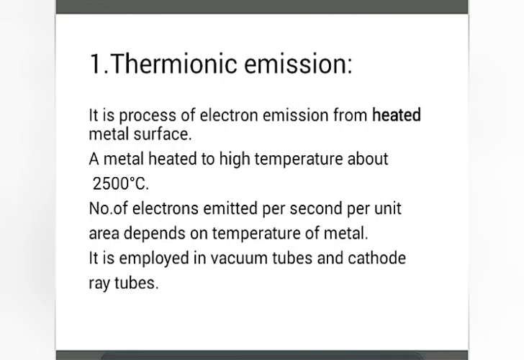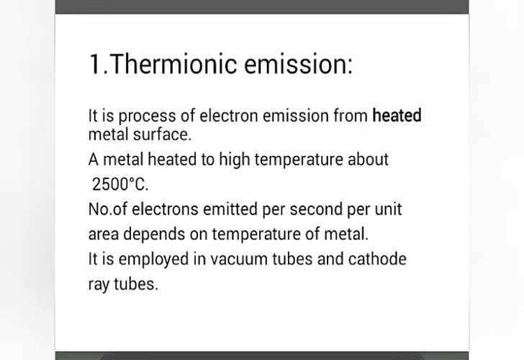Here the electrons emitted in this process are called thermions, and here a metal is heated to a sufficiently high temperature, about 2500 degree Celsius, which enables the electrons to escape from the metal surface.